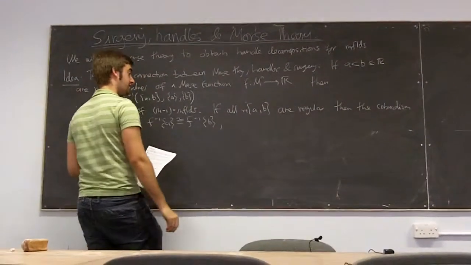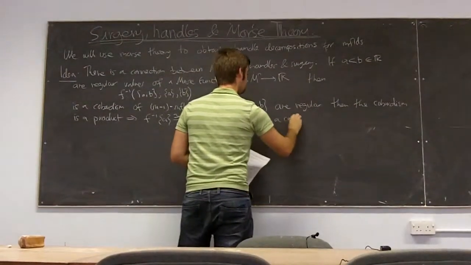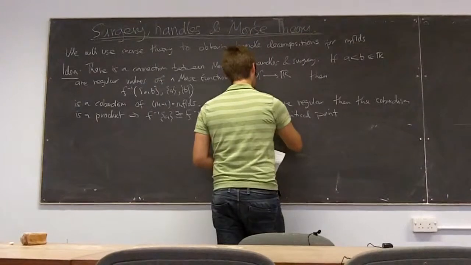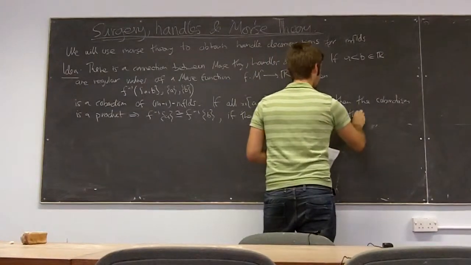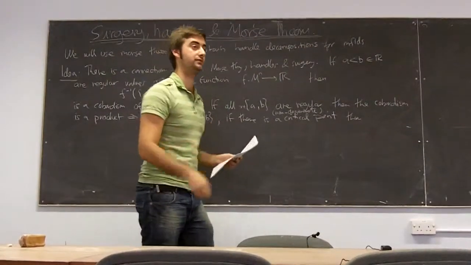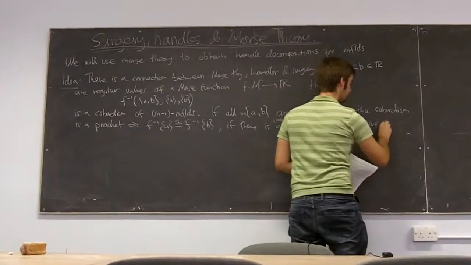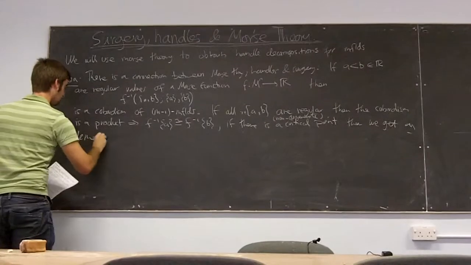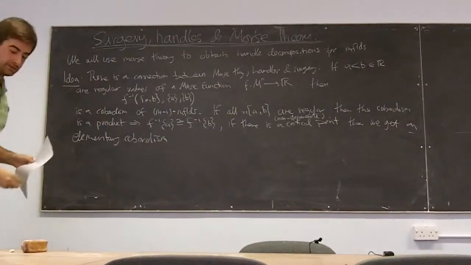And if they're not all regular, if there is a critical point, I should say non-degenerate, then we get an elementary cobordism, which is attaching one handle from f inverse of a to f inverse of b. Okay, so this is the idea.